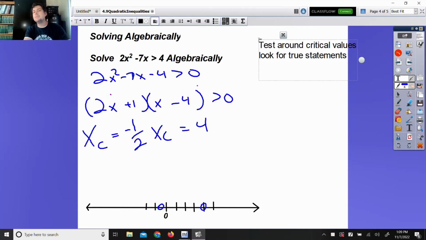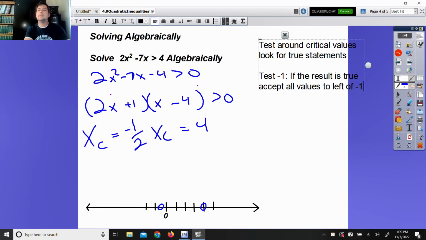So one of the first things I'm going to do is test a negative 1, because it's to the left of a critical value. You see that? Is negative 1 to the left of a critical value? If the result is true, I will accept all values to the left of negative 1/2.